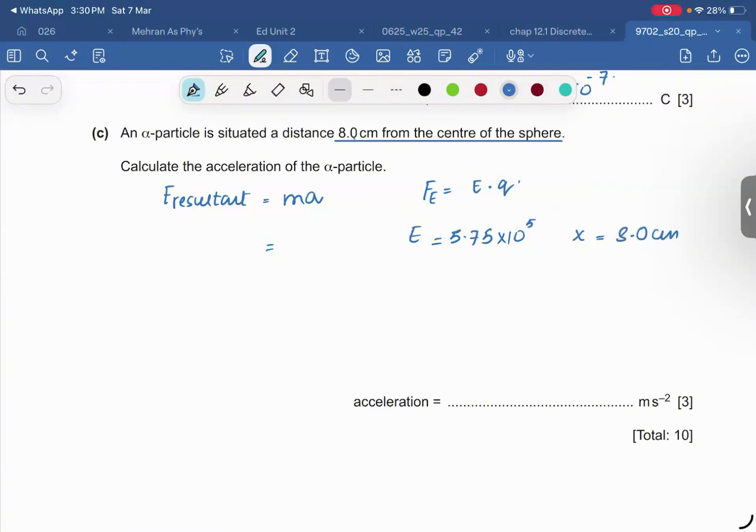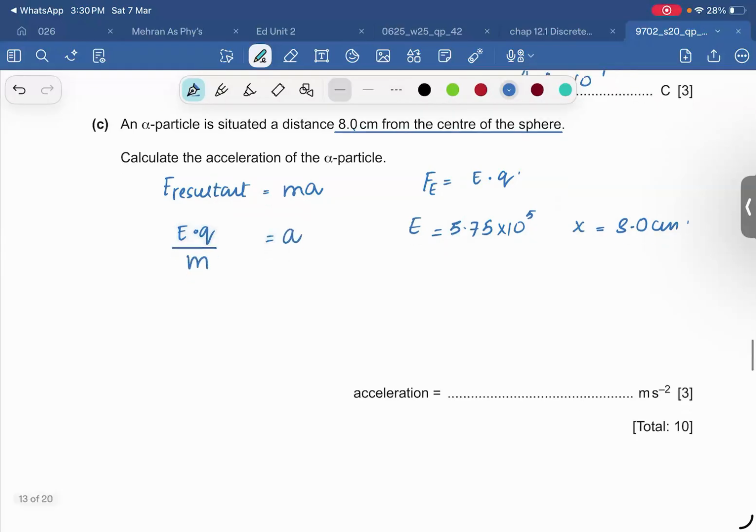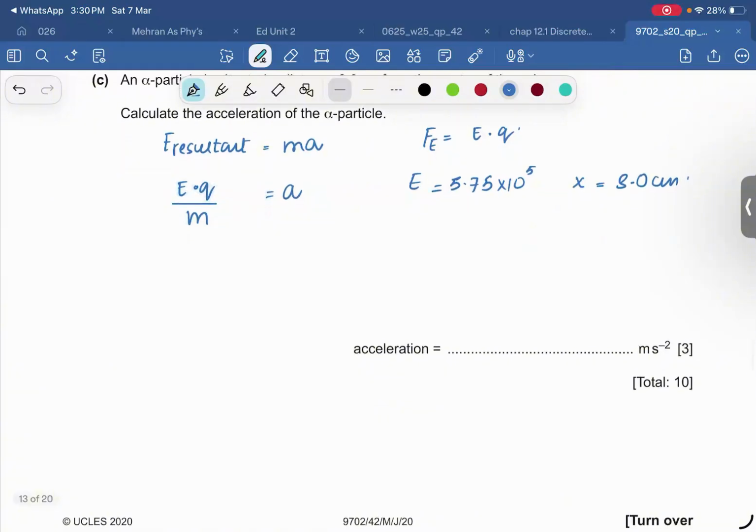Okay, now I can put it over here divided by m, so that will give me my acceleration. Now the electric field is 5.75 exponent 5, this is the first thing.